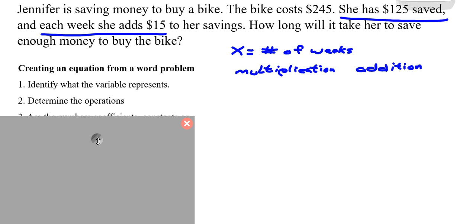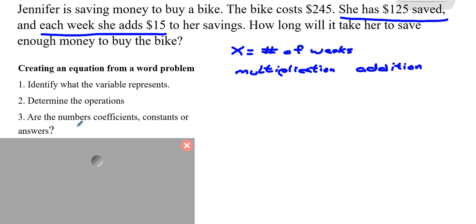Well, we've got three numbers. Are the numbers coefficients, constants, or answers? Well, the coefficient is what's going to be hanging out with the variable. In this case, the coefficient is what we're going to multiply the variable by. So we go back to what we'd underlined first here. Each week she adds $15 to her savings. Well, that means I'm going to have 15x.